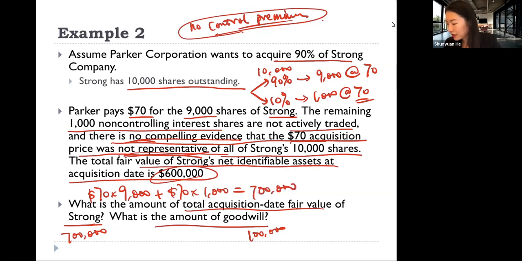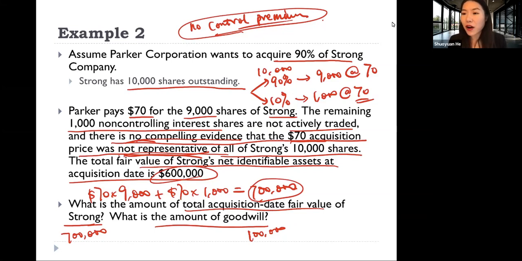So the total acquisition date fair value of Strong comes up to 700,000. The amount of goodwill is basically the difference between the fair value of the firm and the fair value of its net identifiable asset. Fair value of the firm is the total worth of the firm, the amount people are paying for the firm.